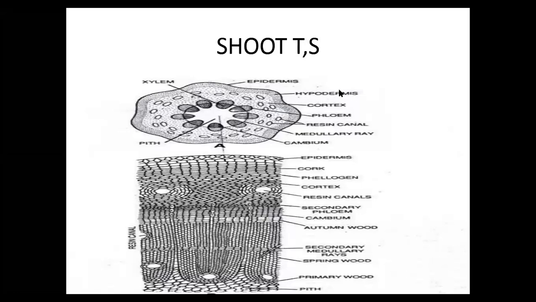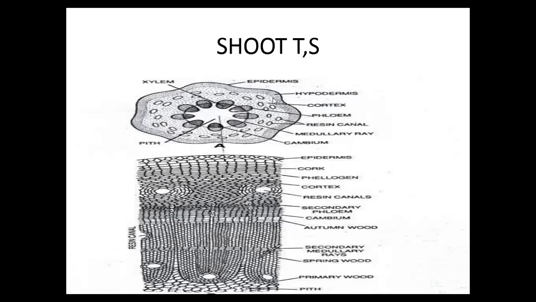Chlorenchymatous hypodermis is present in the Pinus shoot TS. What is the main function of this chlorenchymatous hypodermis? At a young age of the Pinus shoot, it participates in photosynthesis to prepare food material.